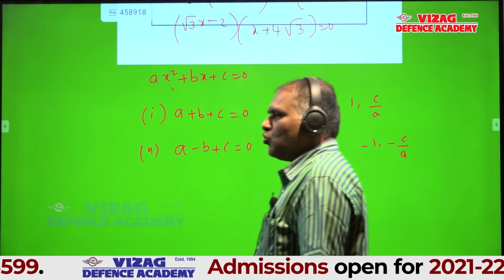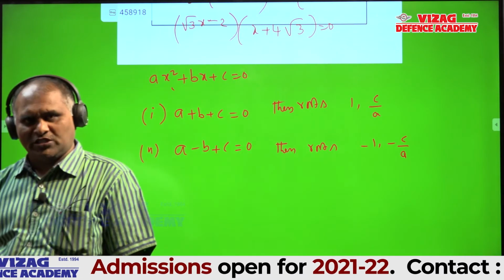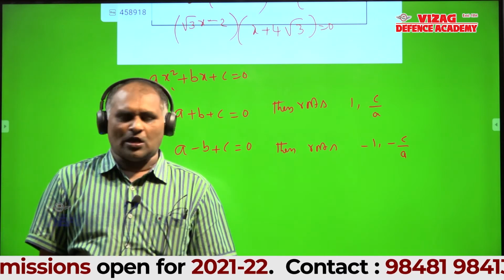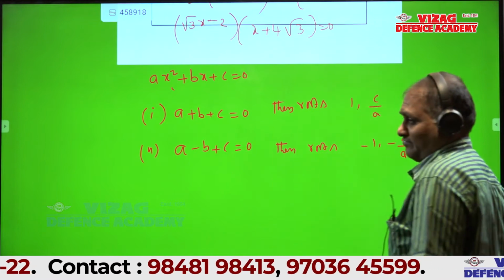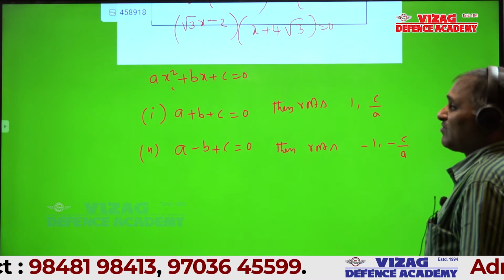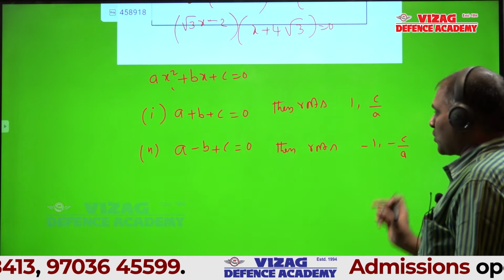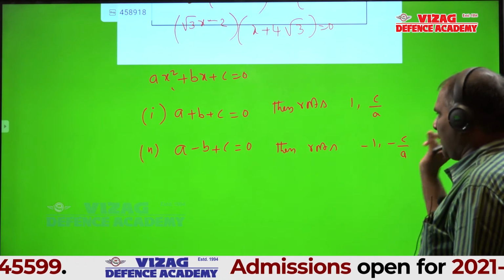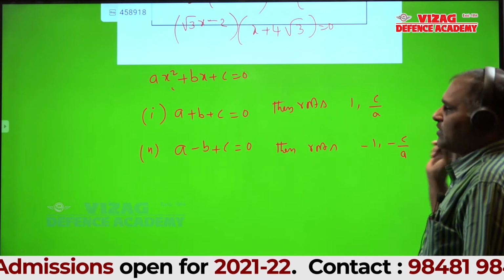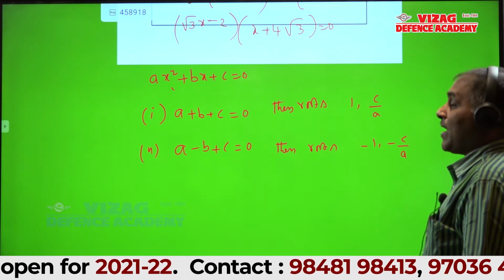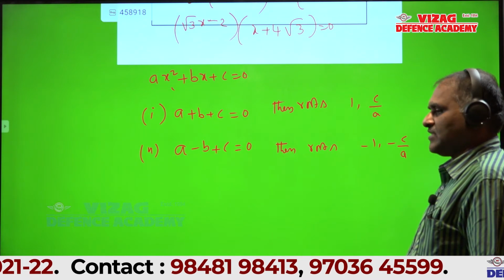These two points can be used in questions. Note down. If the two conditions are satisfied, the roots are 1 comma c by a, and the second one is minus 1 comma minus c by a.